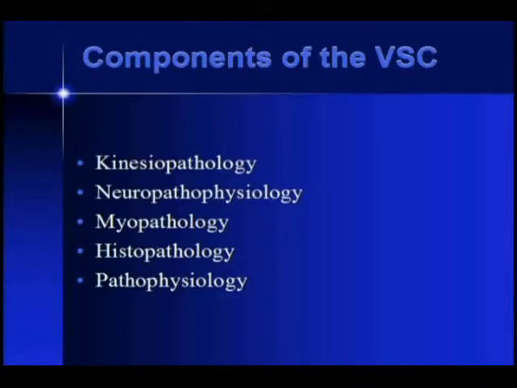And when you talk about subluxations in the spine, those are always a part of a complex that causes nervous system dysfunction. Now, there are 5 components to vertebral subluxation complex. There's kinesiopathology, neuropathophysiology, myopathology, histopathology, and pathophysiology. Now, let's take a look at what each one of these means individually.